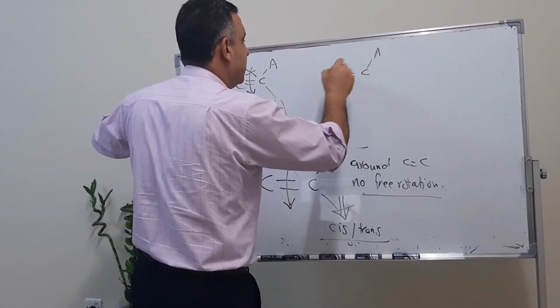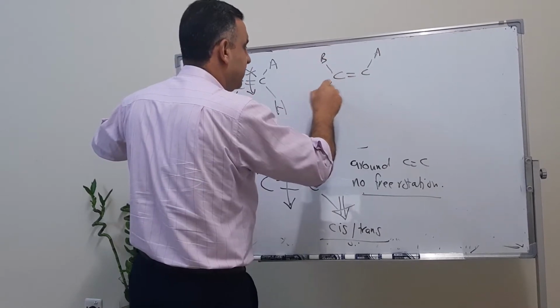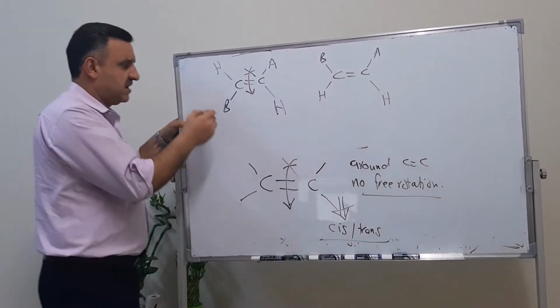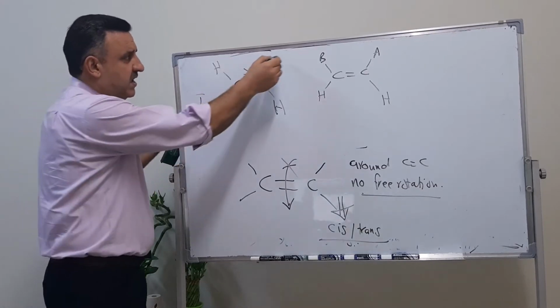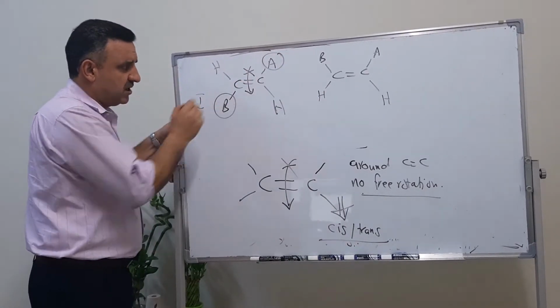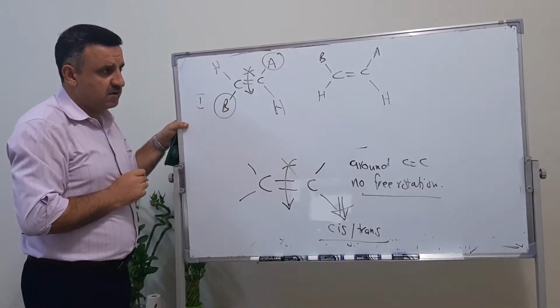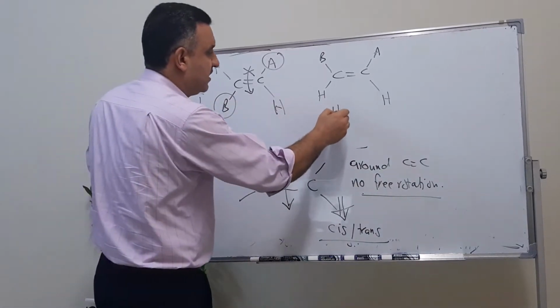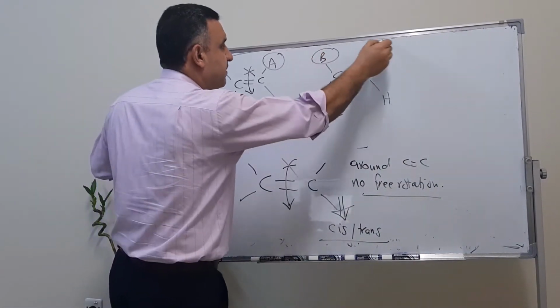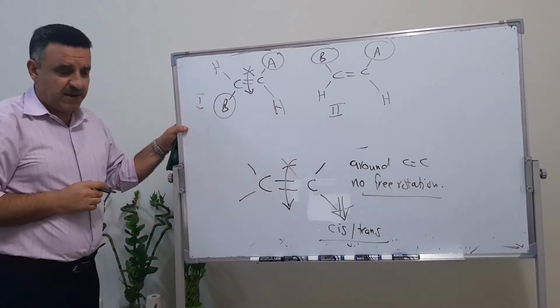In the first compound, we have A in a different plane compared to the second compound, where A and B are in the same plane.